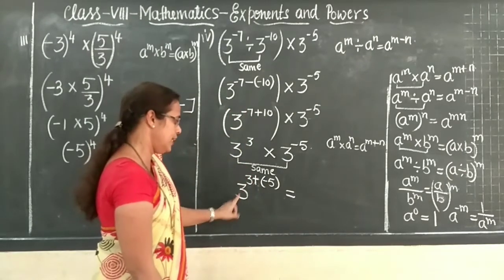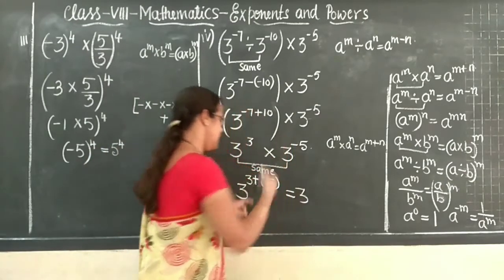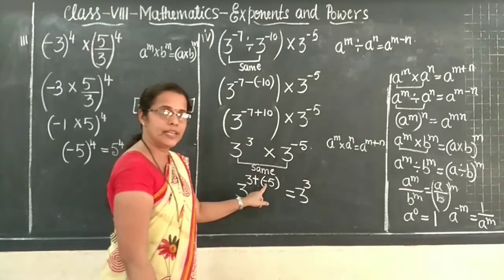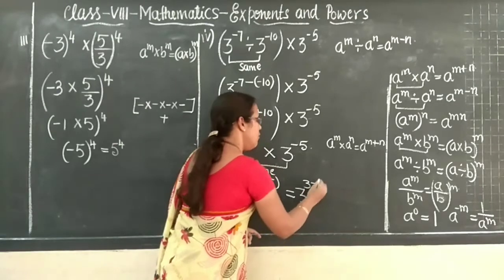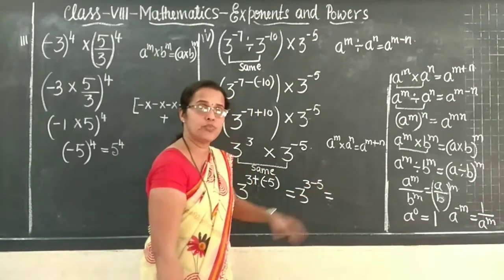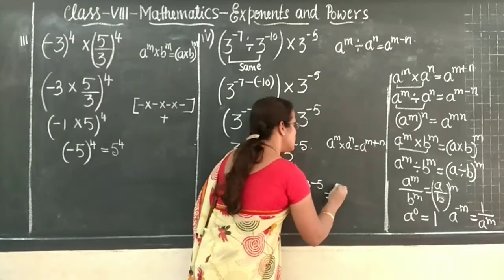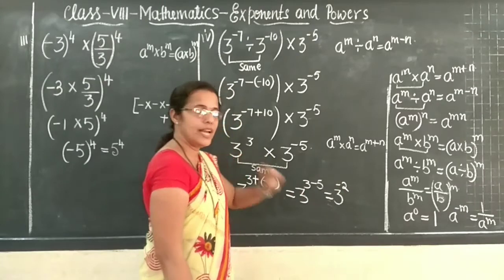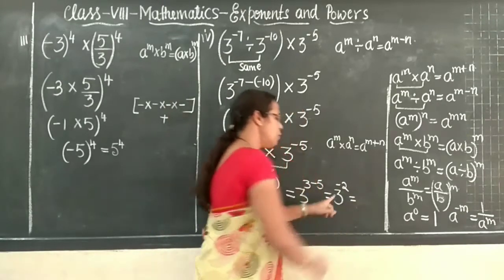Okay children, so 3 to the power right as it is, 3 right as it is, plus into minus 5. So next step, 3 to the power 3 minus 5. 3 minus 5 is minus 2. 3 to the power minus 2.